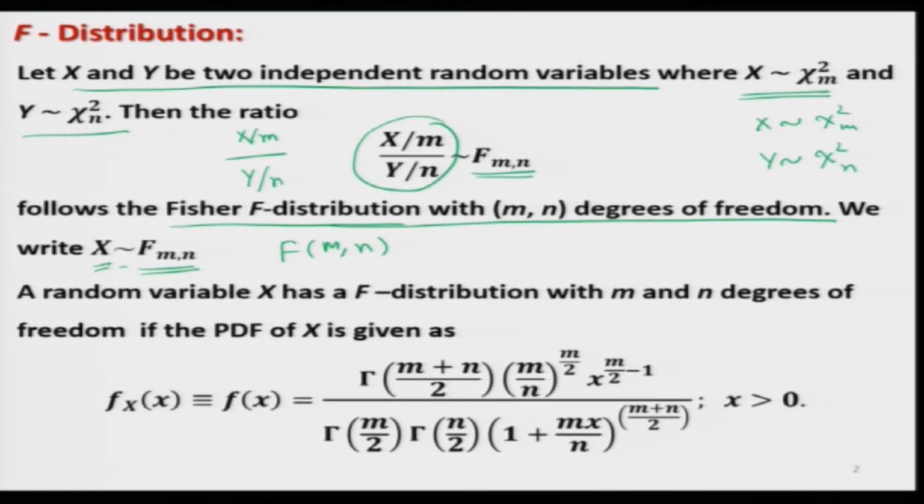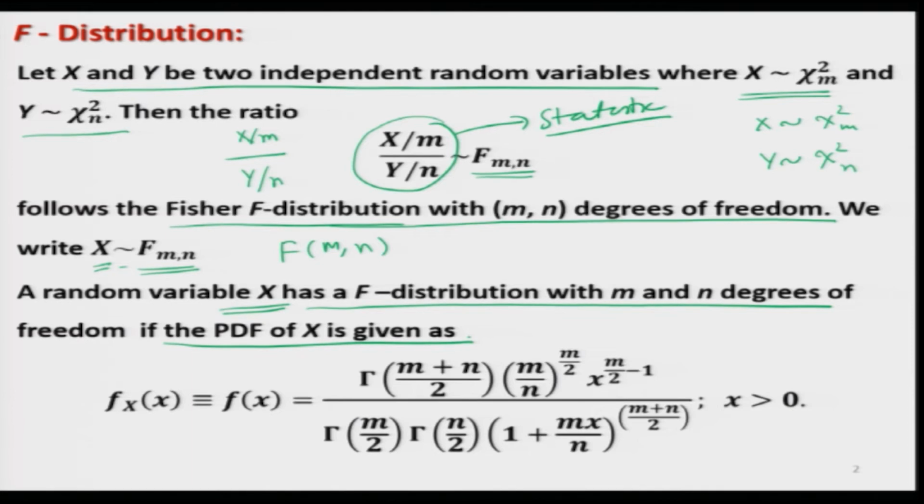Okay, so now the question is what will be the distribution of this statistic? You can see here this is a statistic. Why? Because this is a function of random variables. So if we have a random variable, say x, then this x has an F distribution with m and n degrees of freedom if its probability density function is given like this.